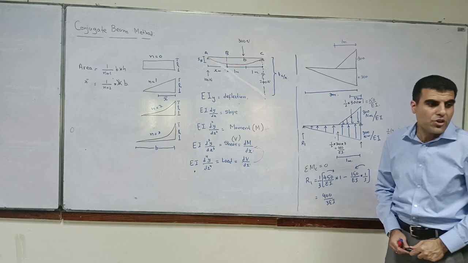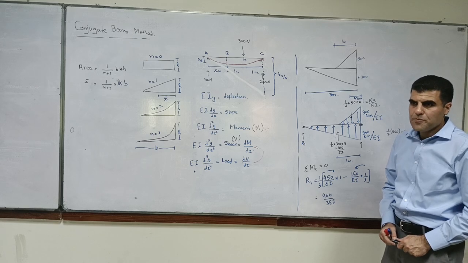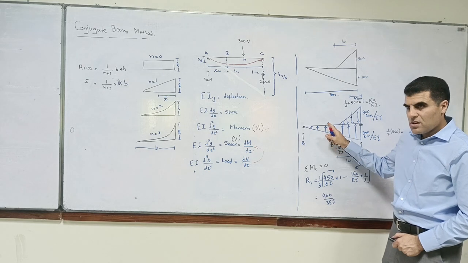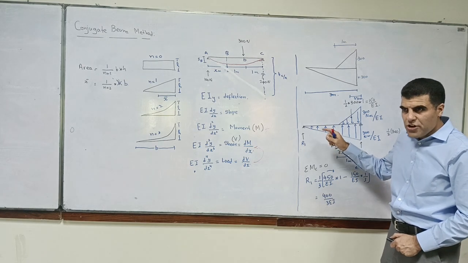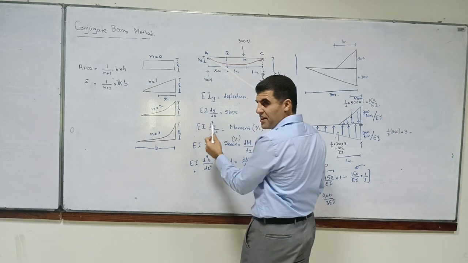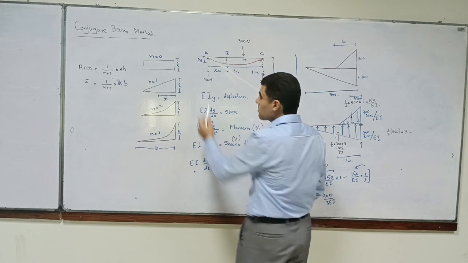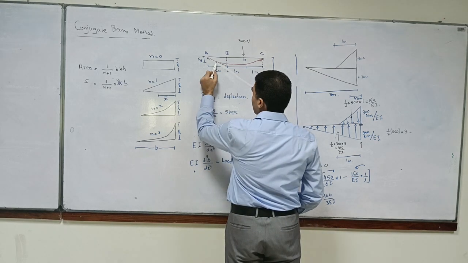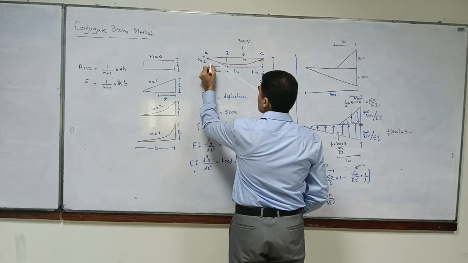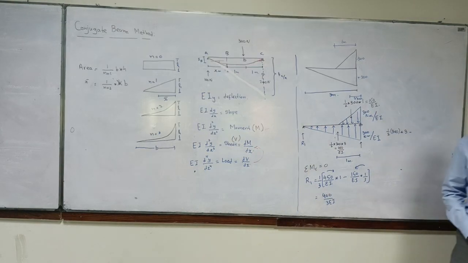And that will give you the rotation, the rotation of the elastic curve. What does that mean? Which rotation are we talking about? If you have a tangent like this, with respect to x, how much is it inclined?